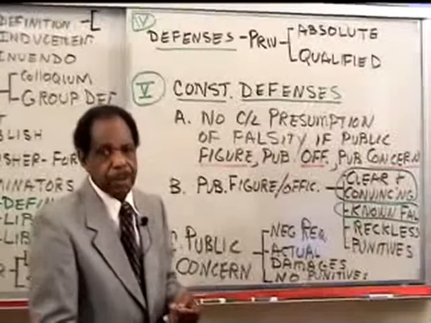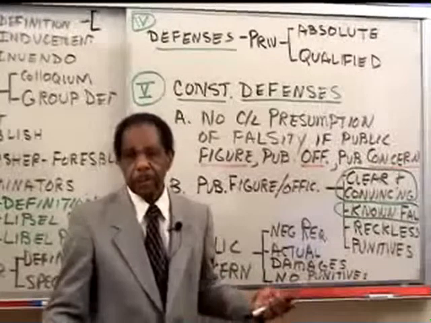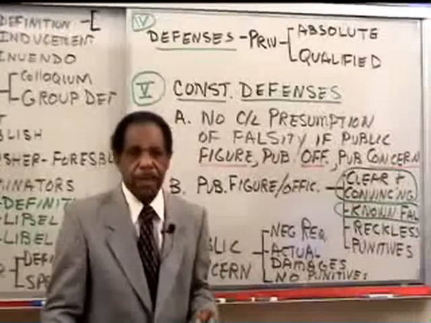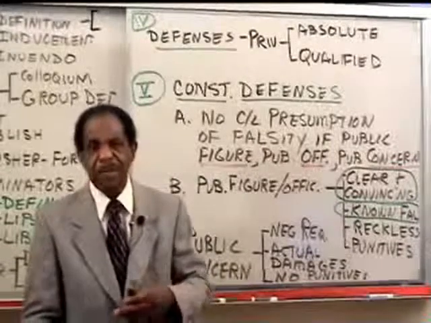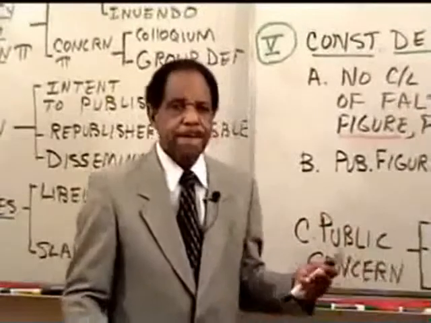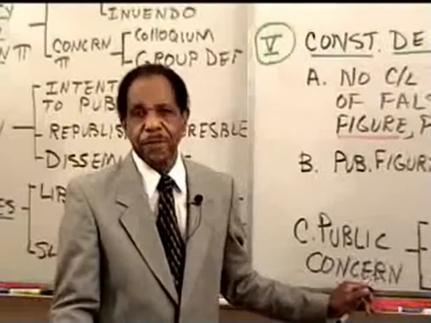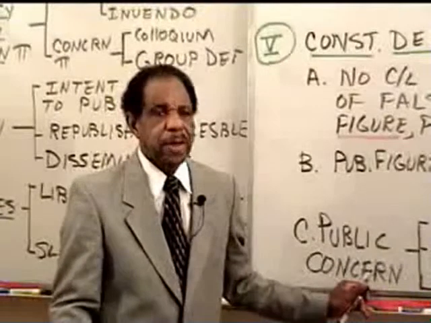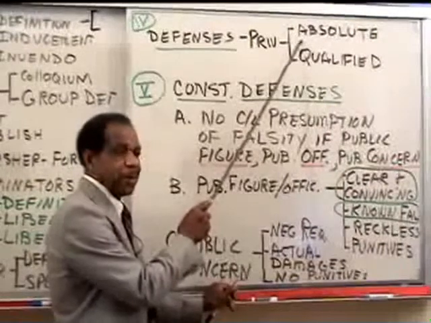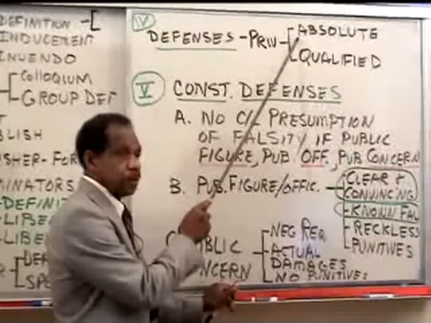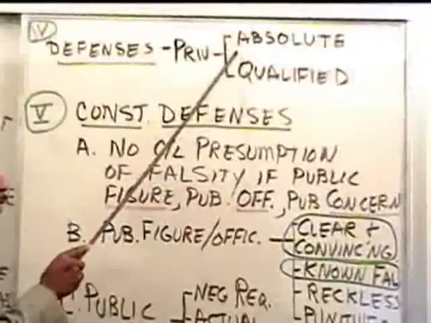So if you are in court testifying regarding a contract case, and you make some statement that has nothing to do with the contract case, but is a defamatory statement, you just use this opportunity to defame somebody, that is not going to be privileged. So even though sometimes we speak of statements by witnesses in court as being absolutely privileged, they need to have something to do with the cause of action, or it will not be absolutely privileged.